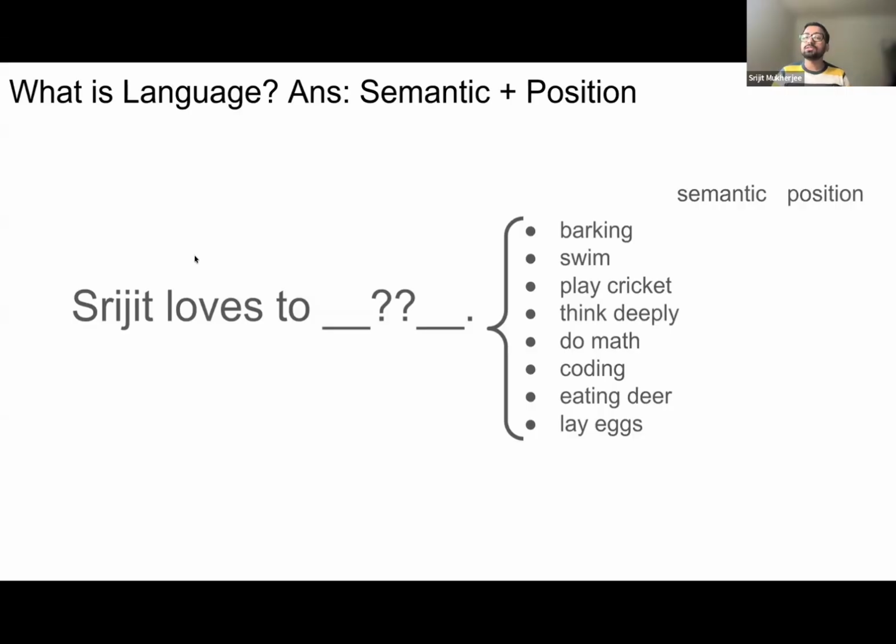So there are two aspects here, guys. One is that I am not a dog, so the feature of barking or bark cannot be associated with Srijit. But there's also another aspect, as Shreya has mentioned: it's also not positionally possible. The "ing" in barking is also preventing that.